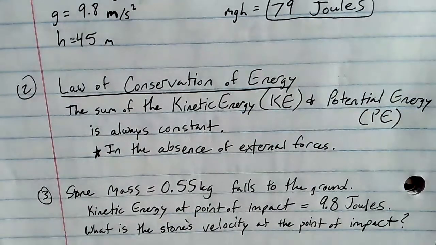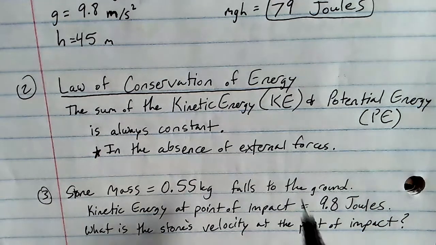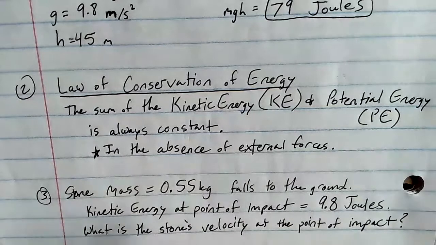The second question on the teacher walkthrough asks which statement is true about the law of conservation of energy for an object released from a certain height above the ground. Well, the sum of kinetic energy and potential energy is always constant in the absence of external forces.